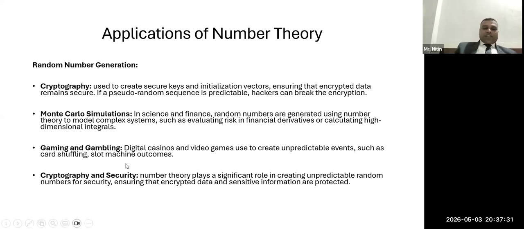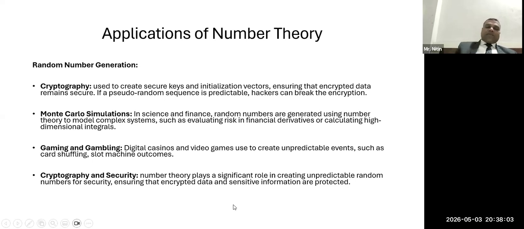Gaming and gambling. Digital casinos and video games are used to create unpredictable events, such as card shuffling and slot machine outcomes. So here also number theory, that is random number generation, is used. And last, cryptography and security. Yes, number theory plays a significant role in creating unpredictable random numbers for security, ensuring that encrypted data and sensitive information are protected.